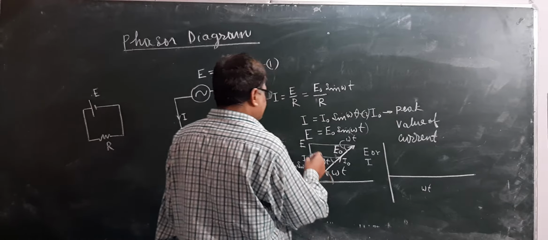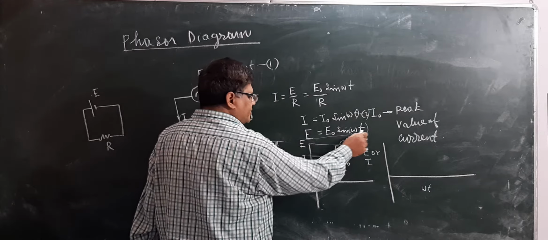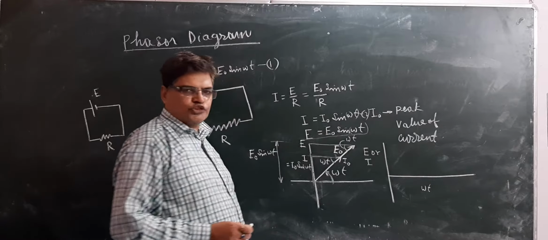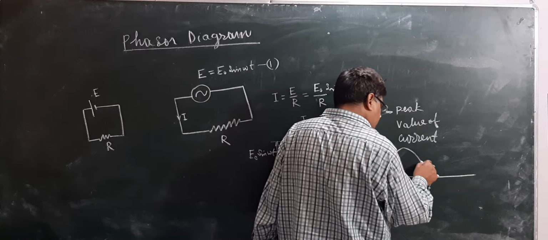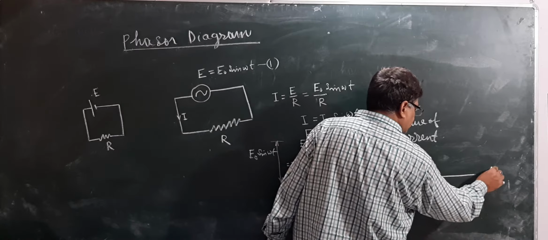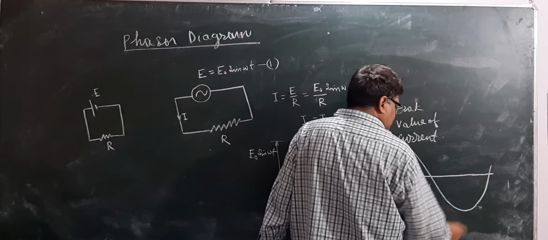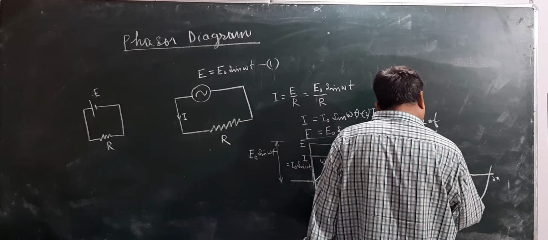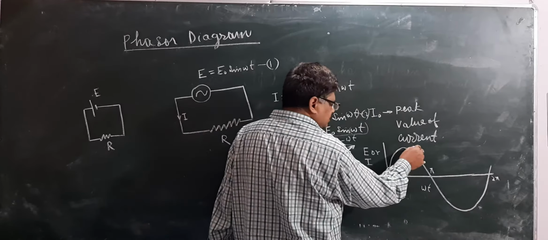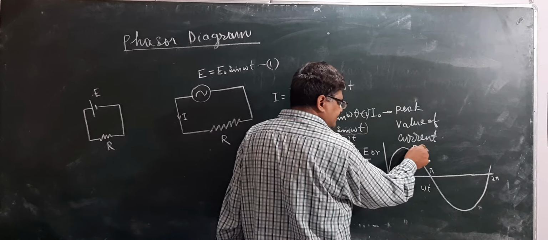Now this equation E is equal to E naught sine omega t will give you a sinusoidal curve like this. This angle will be 2 pi. This angle will be pi. So this is the graph for the instantaneous EMF.